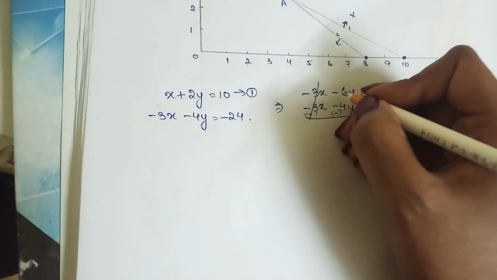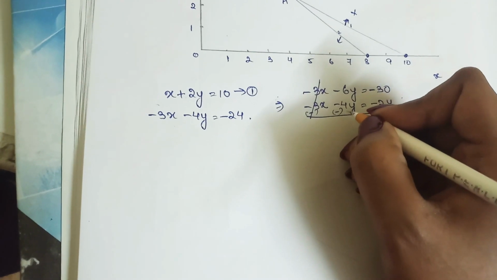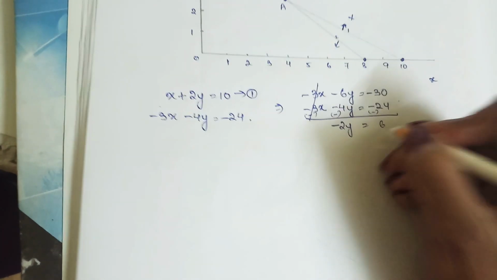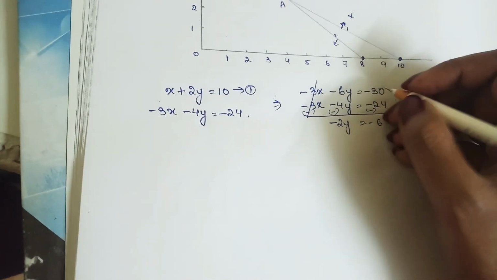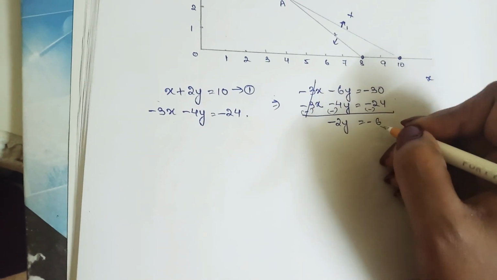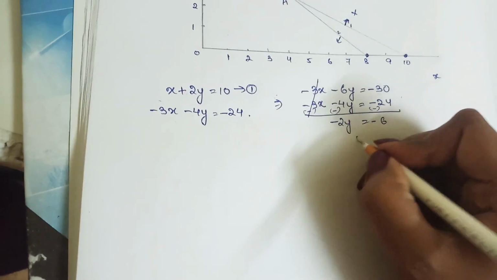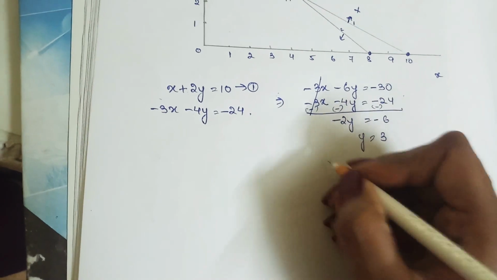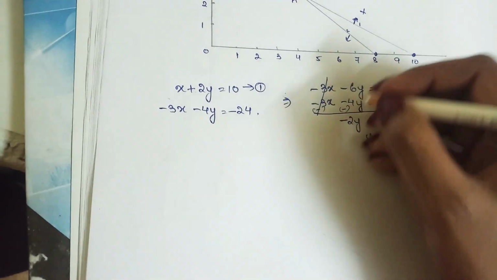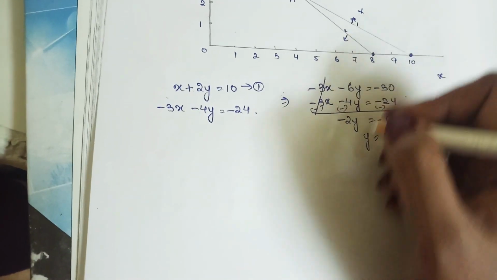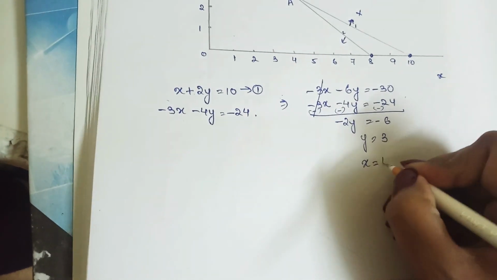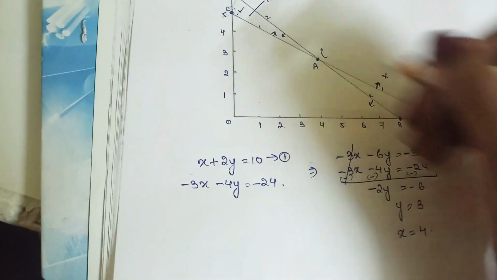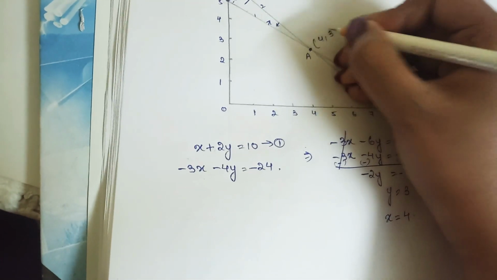This will be minus 6y plus 4y, which is minus 2y, and this will be minus 6 because minus 30 plus 24 is minus 6. So my y will be, the negative signs being eliminated, y equals 3, and if you put the value of y in any one of the two equations, you will get x as 4. Therefore the point A, I am getting the coordinates, that is 4 comma 3.